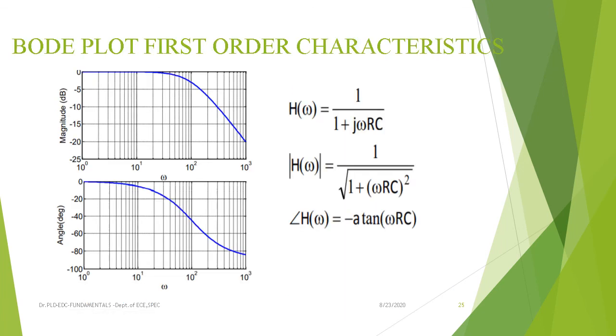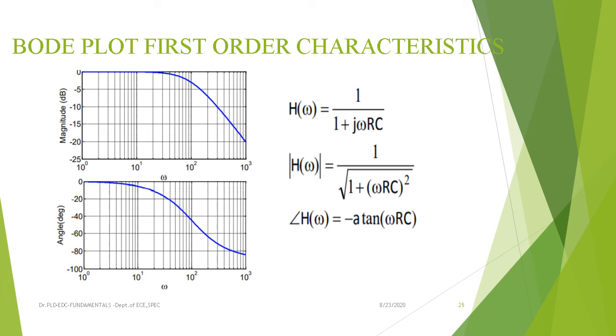Then 10 power 1 to 10 square is 10 to 100. Each line on the semilog graph sheet is 10, with variations 10, 20, 30, 40 and so on up to 100. Then from 100, that is 10 square, 200, 300, 400 and so on up to 1000. This is the semilog graph sheet on the x-axis.